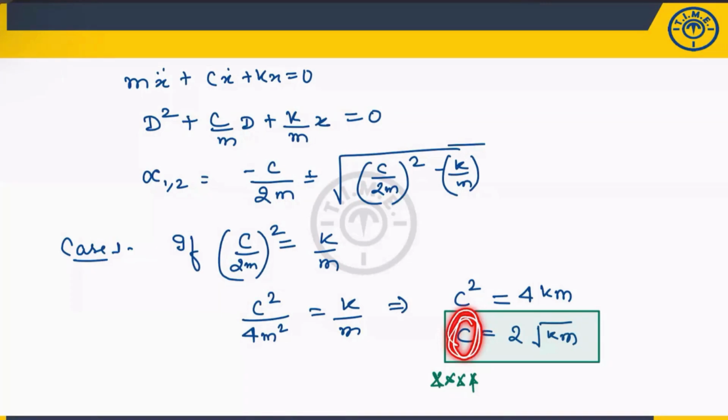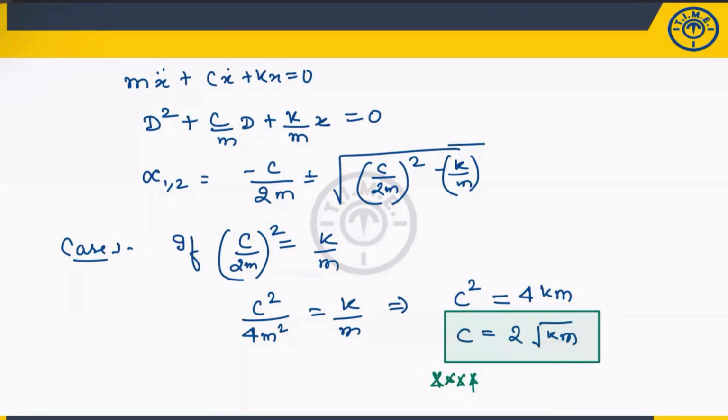The damping constant is nothing but 2 square root of k into m, where k is called the stiffness or the spring constant, and m is the mass. In any damped vibration problem, if they have given these two values, k and m, you can easily calculate the damping constant, and based on that they are framing the question.